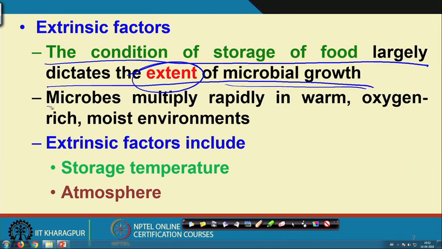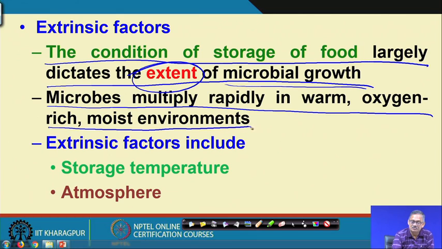Microbes multiply rapidly in a warm, oxygen rich and moist environment, right. So, again I give the example I had given in the previous class, of nuts which are being sold in trains and at local places, right.